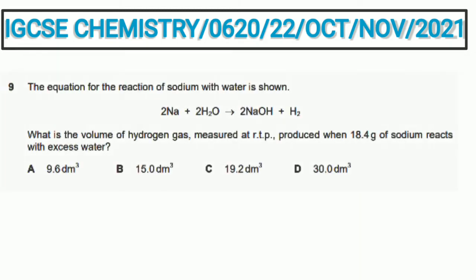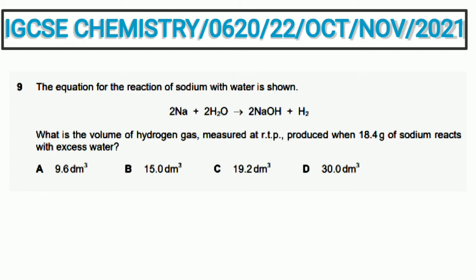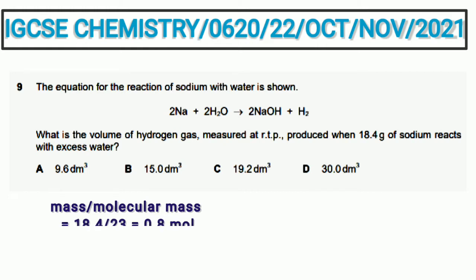Question 9. The equation for the reaction of sodium with water is shown. What is the volume of hydrogen gas measured at RTP produced when 18.4 grams of sodium reacts with excess water? Let us first convert 18.4 grams of sodium to moles by dividing it by 23, which is the atomic weight of sodium. So 18.4 divided by 23 gives us 0.8 mole.